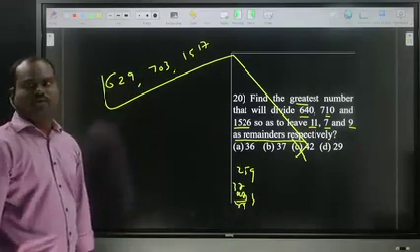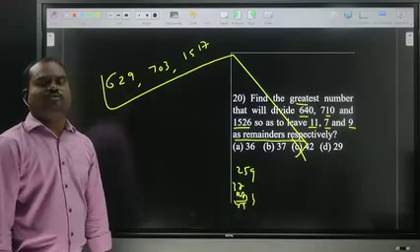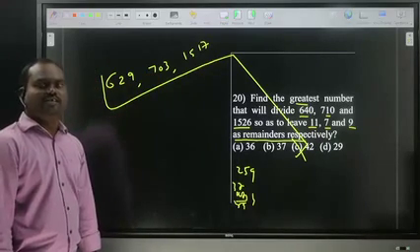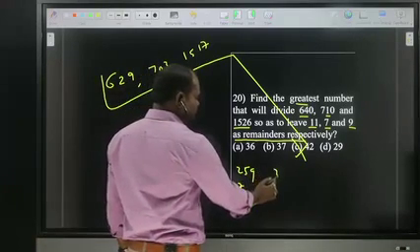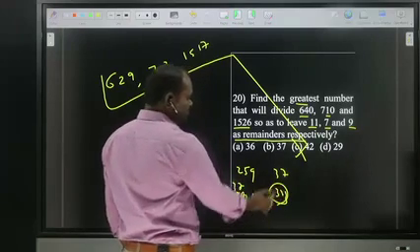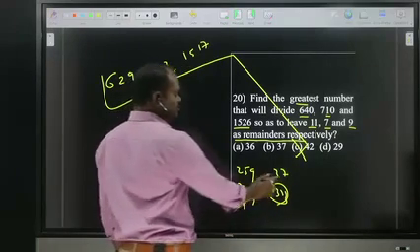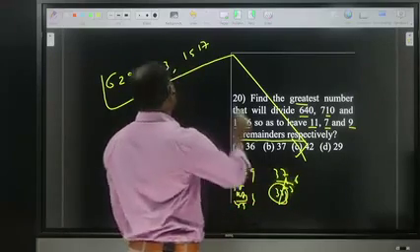Clearly we are getting it in the 37 table. Now check 703. 37 nines are 333, and so on. That is also clearly in the 37 table.